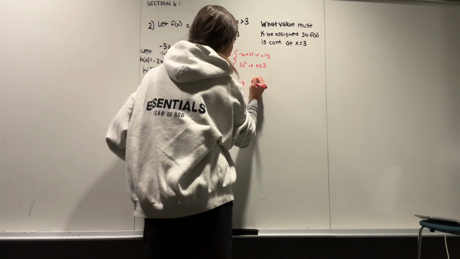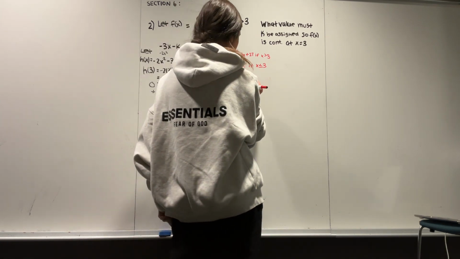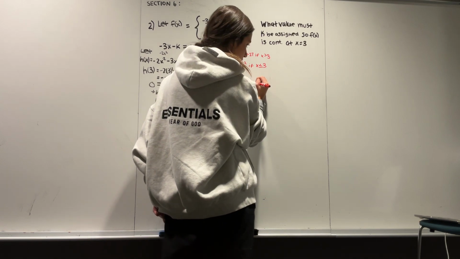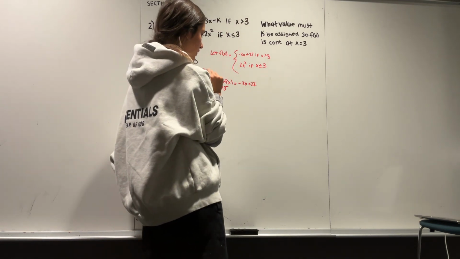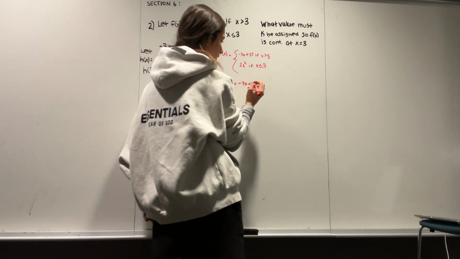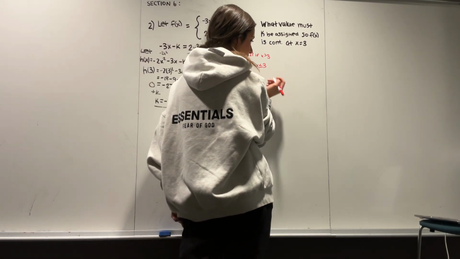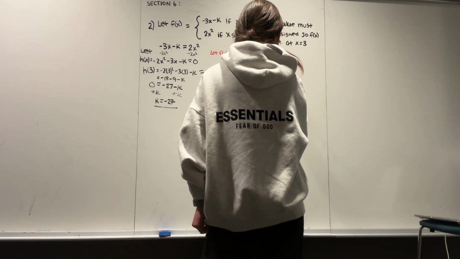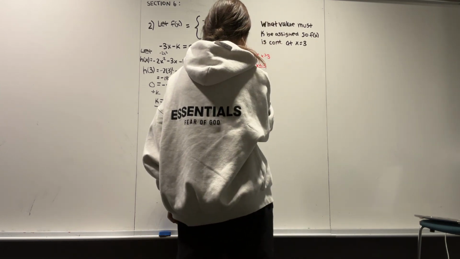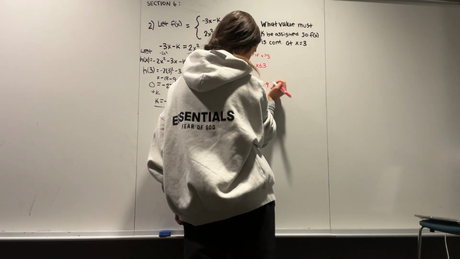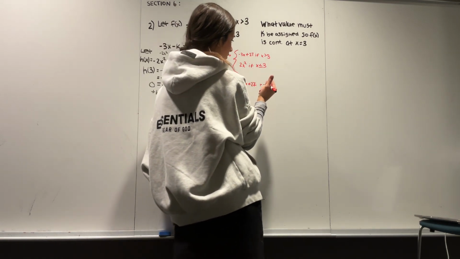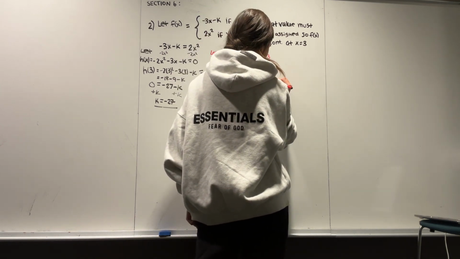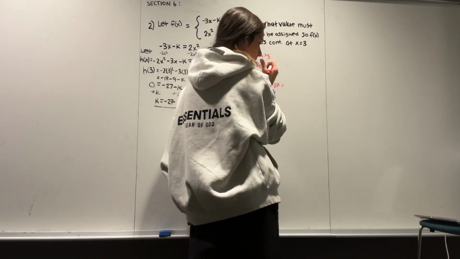And then plug in 3 into this value here, and you're gonna get negative 3 squared. It's gonna be negative 9, because 3 times 3 is 9, and there's one negative, and then it's gonna be plus 27, and you're gonna get 18.